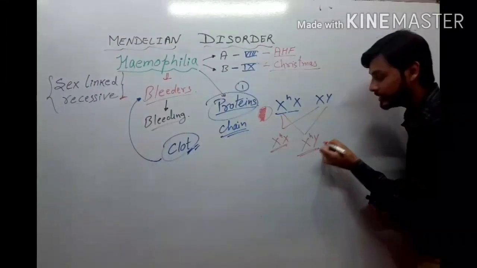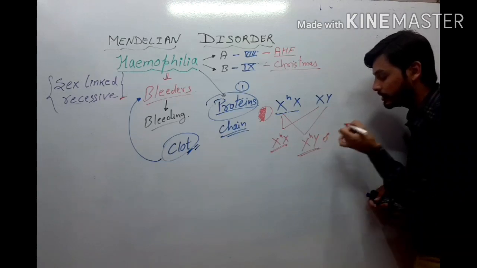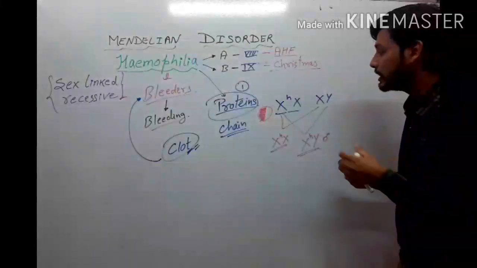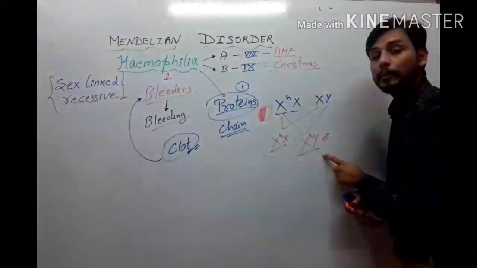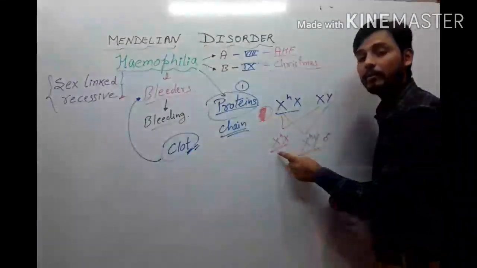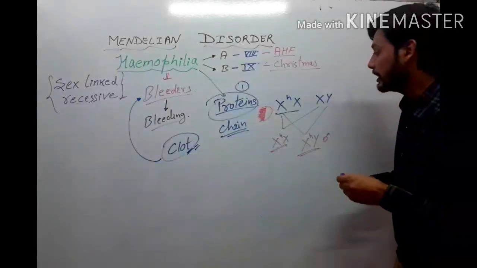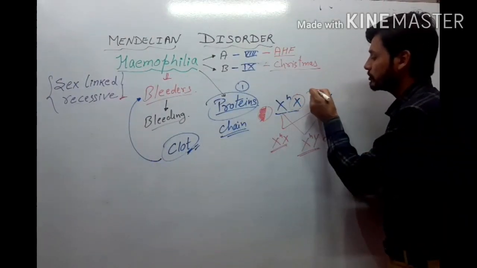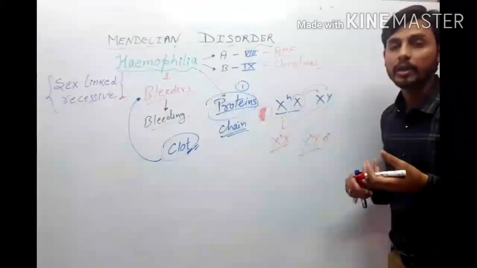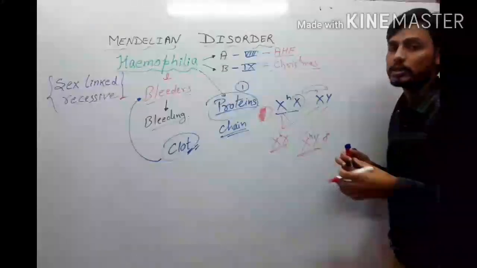But in this case, the male will be affected. So the carrier female can only transfer the disease to the male child, but the female child will be the carrier one. If this X is going to be fused, then ultimately it forms the normal offspring. This type of crossing we know very well.